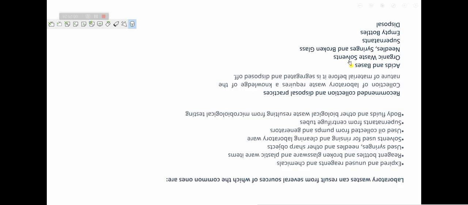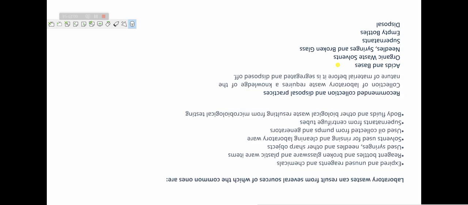Acid and base disposal, like how we are disposing of it. So for the acids, we mostly drop it in the sink and run the tap so that it will go, right. And for the base also the same. And then organic waste solvents. So for the organic waste solvents we will put them in a different container. And needle, syringe and broken glasses.